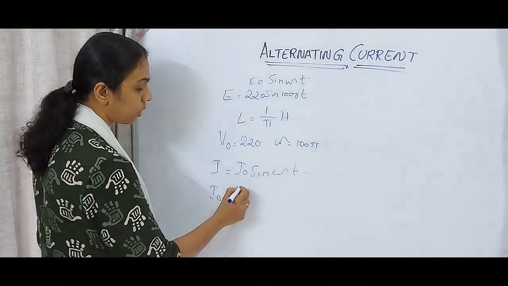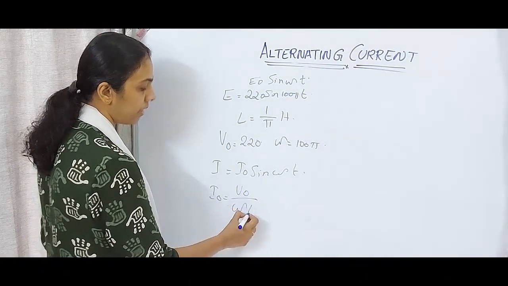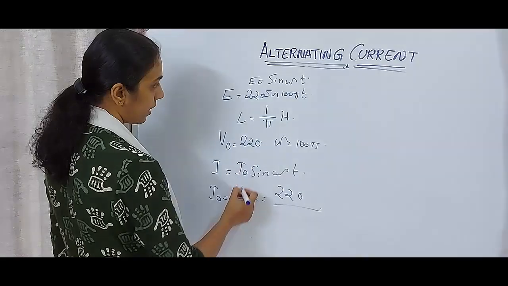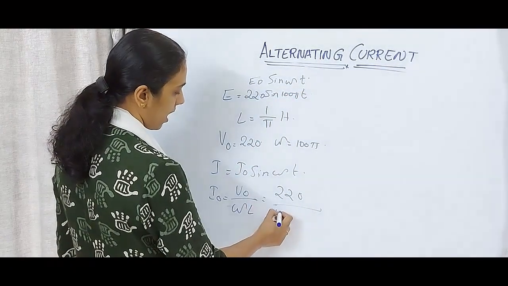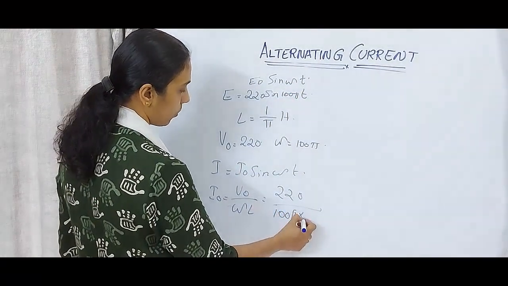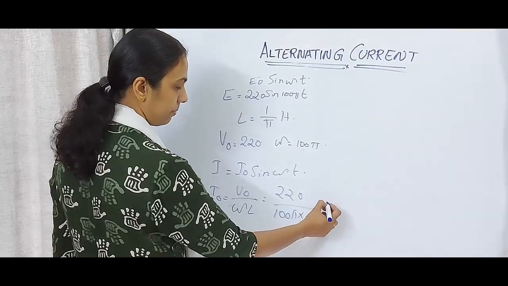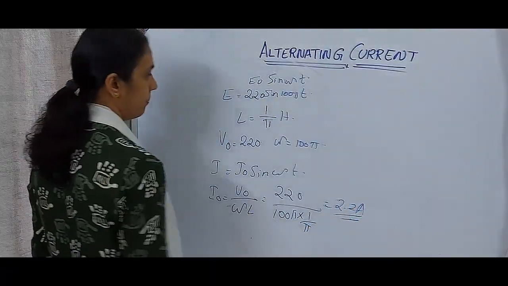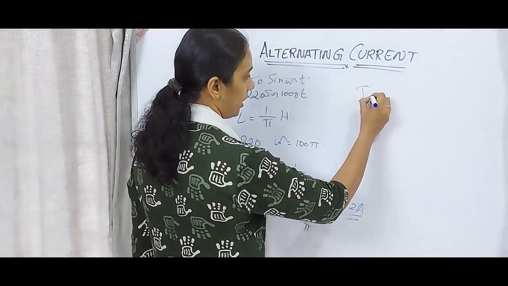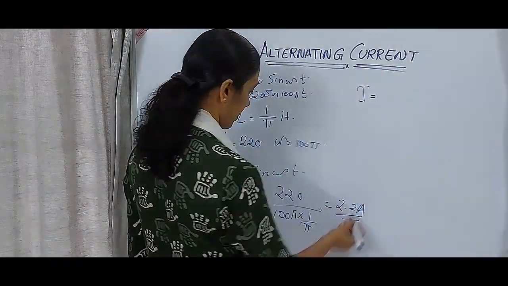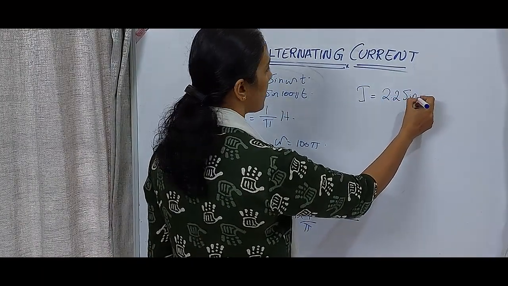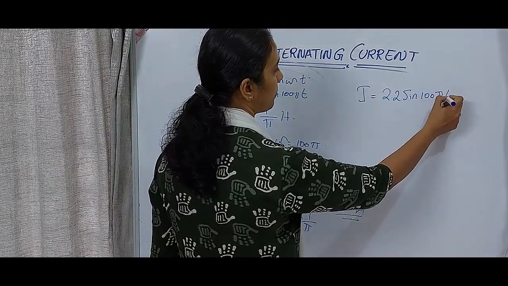I0 will be equal to V0 divided by omega L. V0 is 220, divided by omega, which is 100 pi, into 1 by pi. So here we will get the answer as 2.2 ampere. Therefore, I will be equal to I0, and the I0 value is 2.2, so 2.2 into sin 100 pi t.